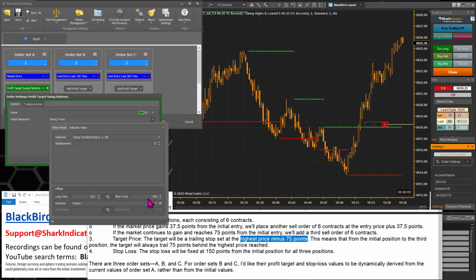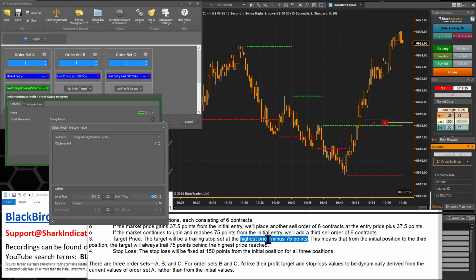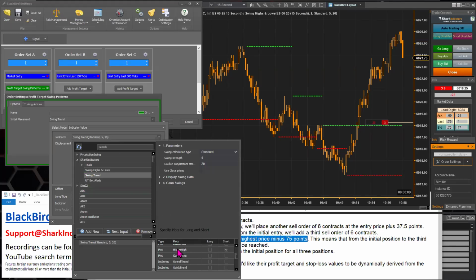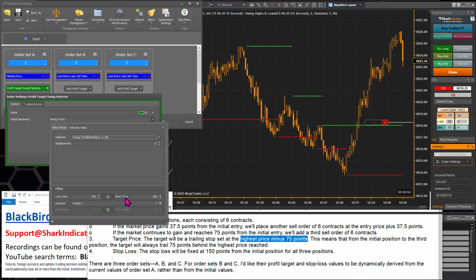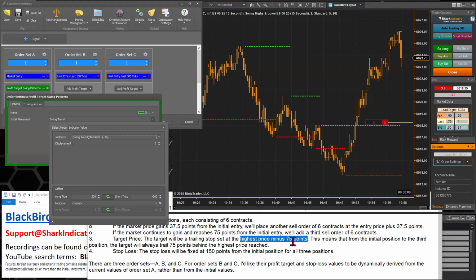So if it's a short trade, then it's minus 300 ticks there. So highest price minus 300 ticks for a short trade. If we open up our indicator here, we have the highest high for a short trade, and then subtracting 300 ticks, which is 75 points.